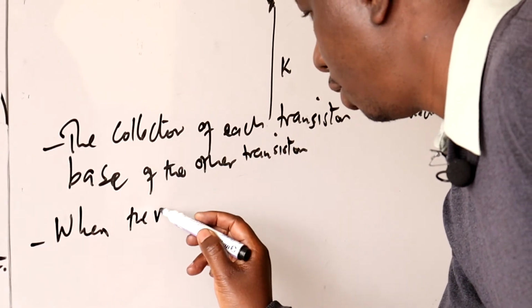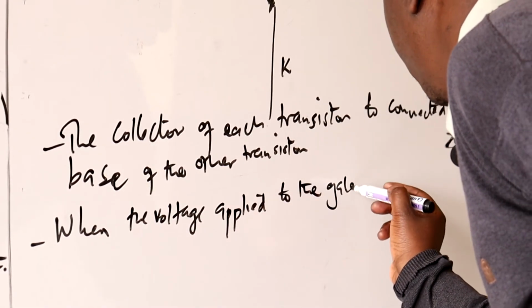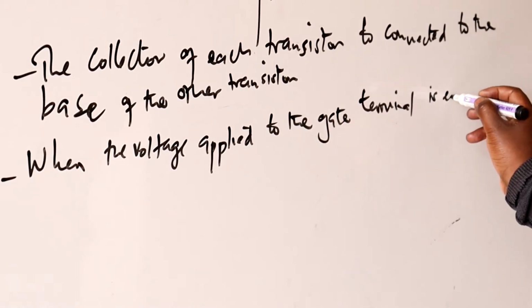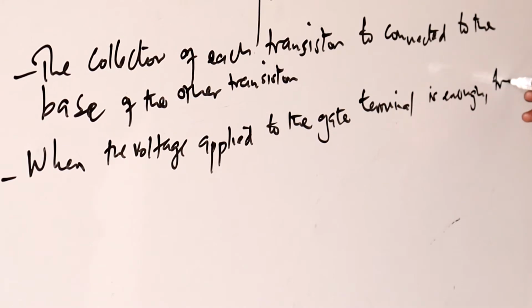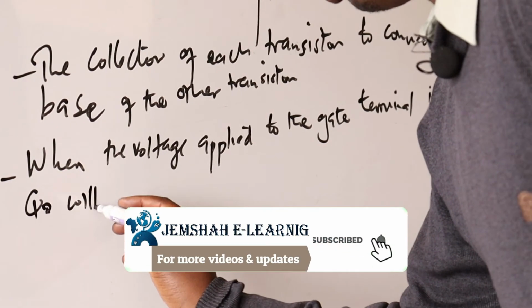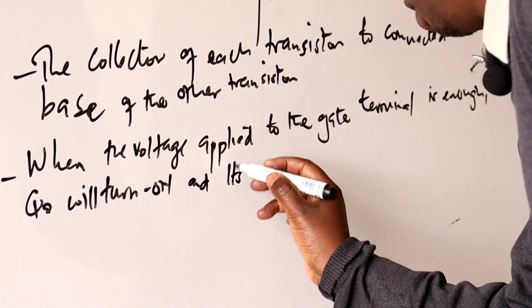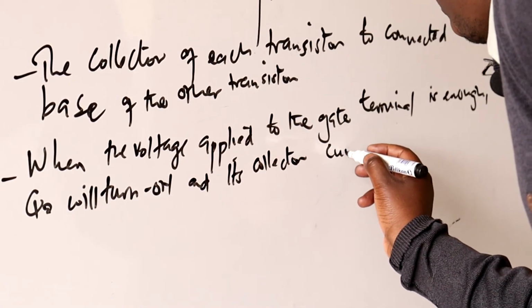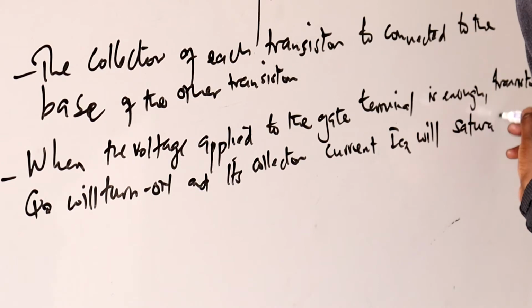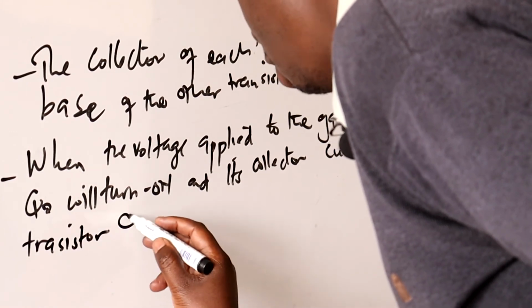When the voltage applied to the gate terminal is enough, transistor Q2 will turn on, and its collector current IC2 will saturate transistor Q1.